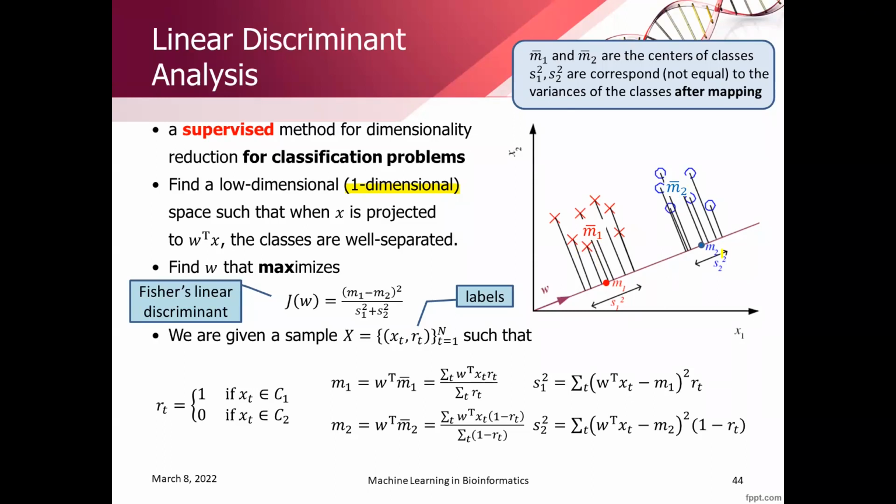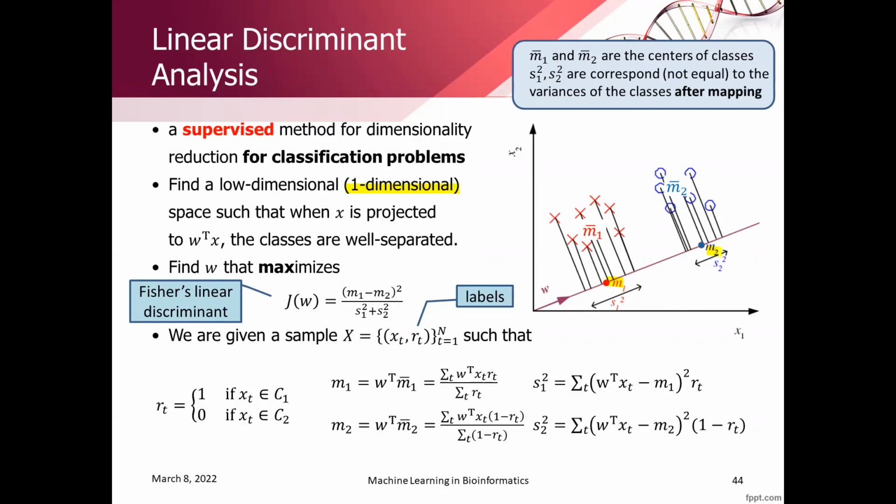And our goal is to make such a transformation that after mapping, the classes will be as separated as possible. What does it mean? We would like to have the distances between the projections of the means, m1 and m2, be big.